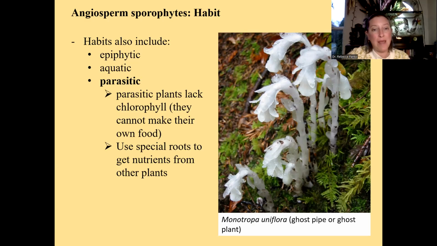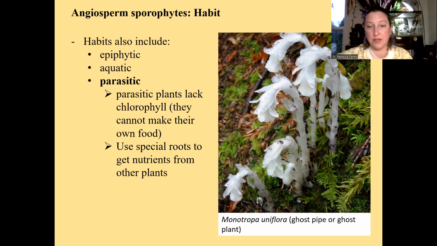So they cannot make their own food. They have to get food from other plants. And so what they do is they use these special roots, which will grow into other plant roots, and they'll basically steal sugars from the other plants, and hence why we call them parasitic plants.